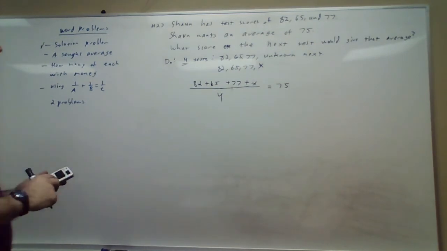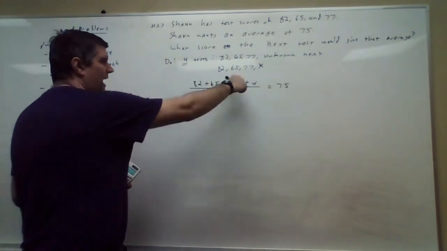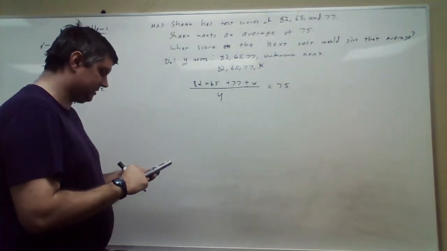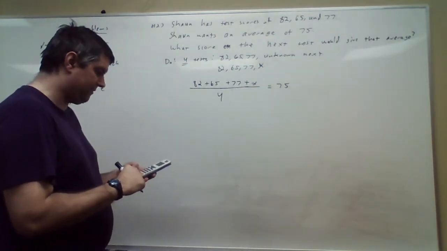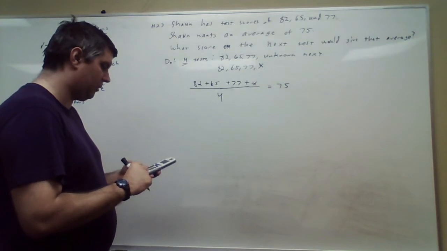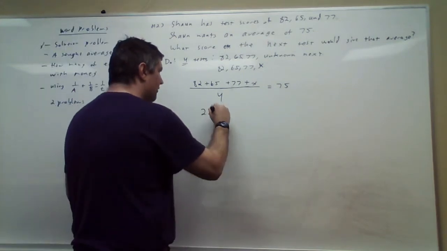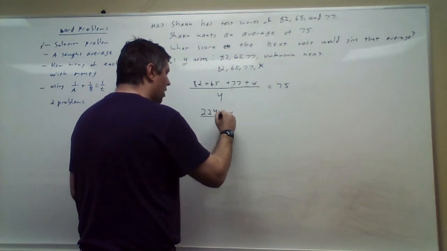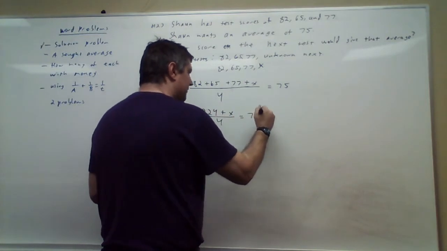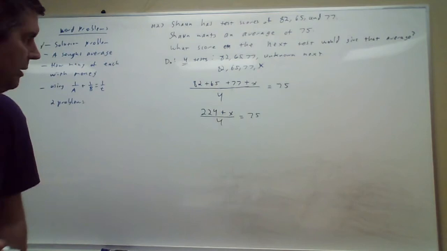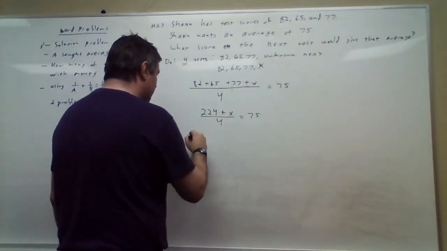All right, what I propose to do is go ahead and add all these up. So 82 plus 65 plus 77 plus, well, I don't know what X is. So that's going to be 224 plus X over 4 equals 75. Now, what we want to do next is clear our fractions.